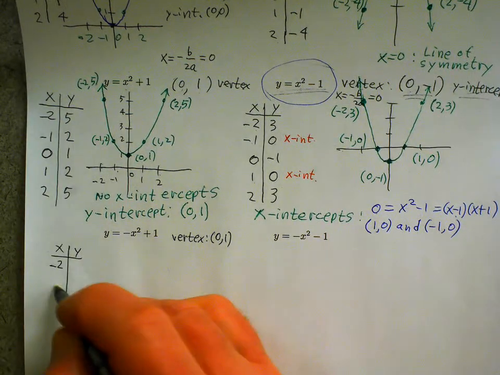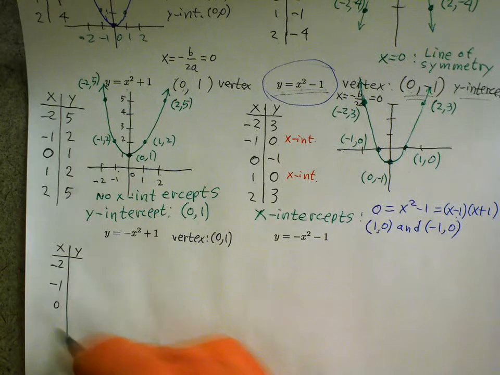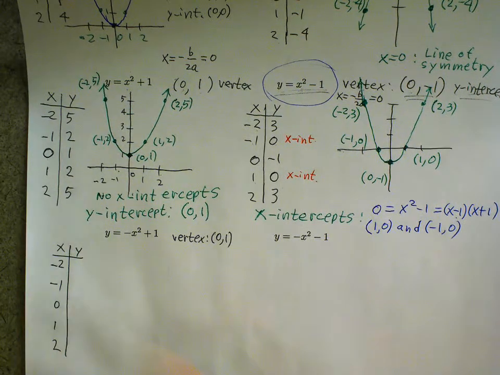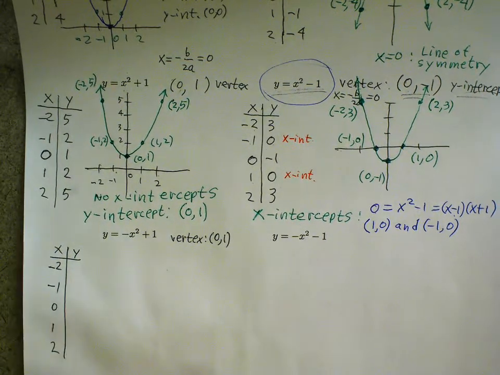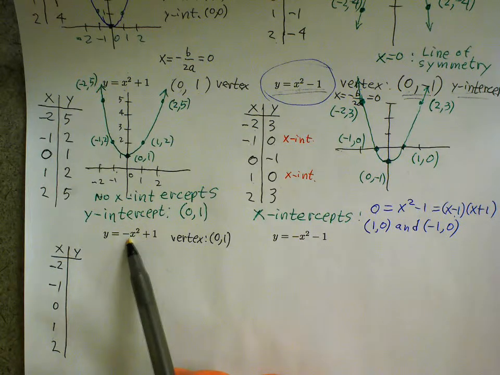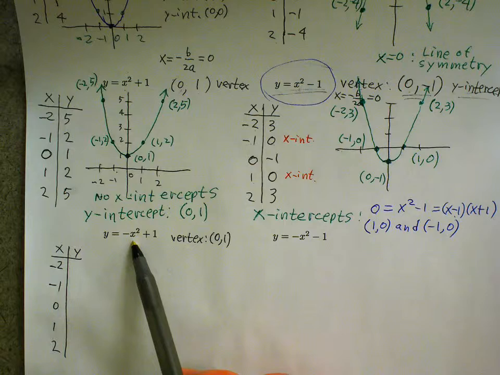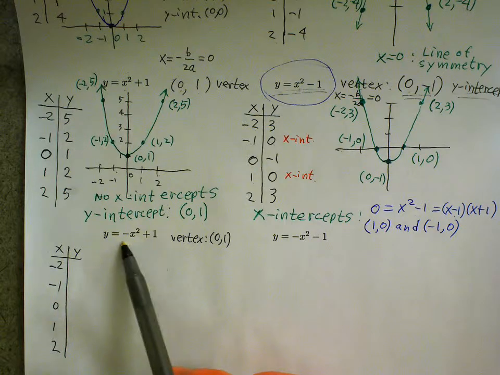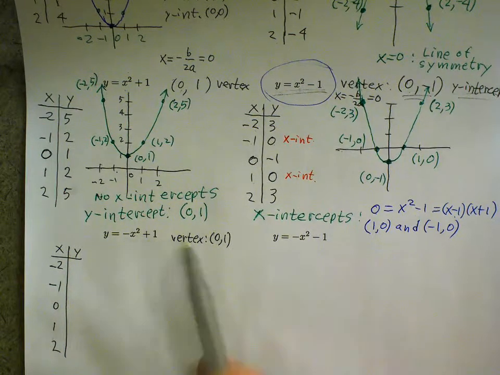So we'll pick negative 2, negative 1, 0, 1, and 2 for x. When x is negative 2, the y-coordinate is the negative of the number negative 2 squared, which is negative 4, and then negative 4 plus 1 is negative 3.